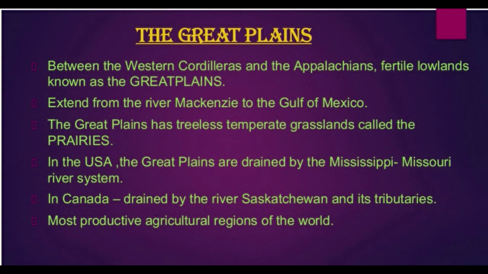In South America, we studied it as campos. Here it is known as prairies. Very important one, prairies. The prairies are located almost in the central part of the Great Plains.